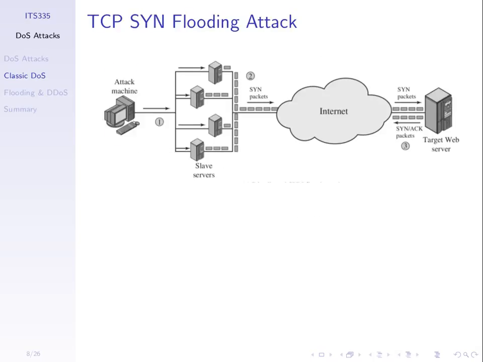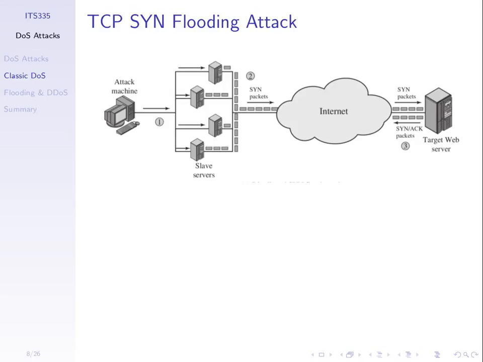So to make this attack effective, what an attacker can do is try to get other computers to send the SYN segments on its behalf. What this diagram tries to illustrate is that the attacker, using some malicious software, takes control of some other computers in the internet, denoted here as the slave servers, and triggers those slaves to send the SYN packets to the server.